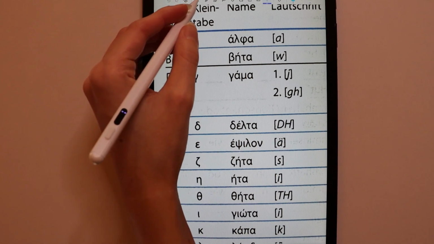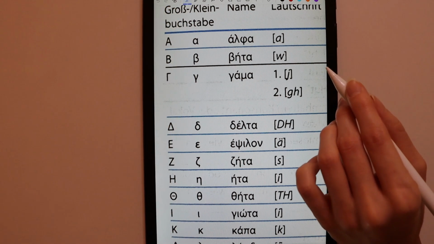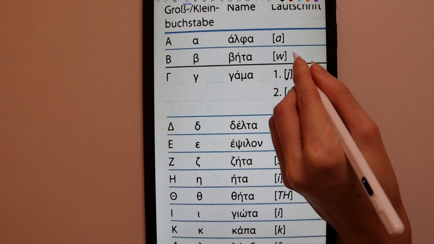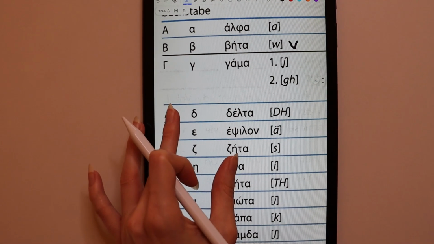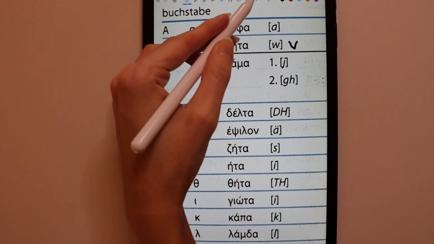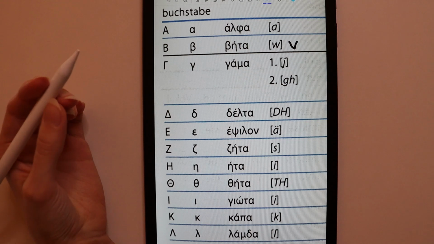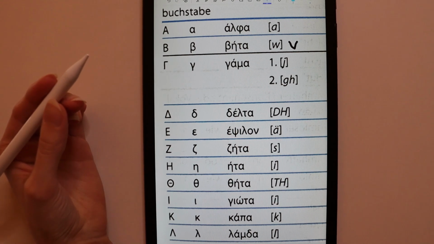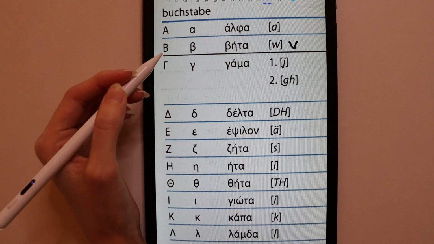In German it would be a W, but it's more like the English V. Vita, and it's like a V, as I already said. So it's not alpha and then beta, but a V sound and not a B.